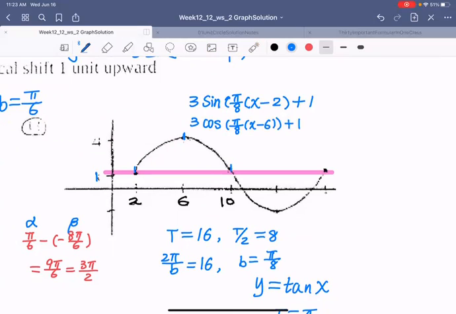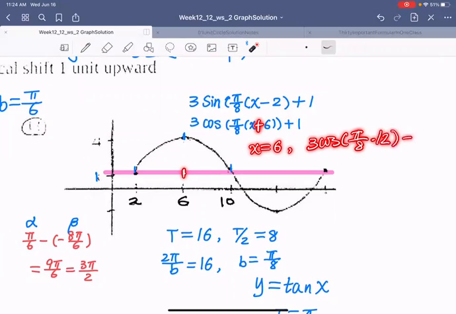If you want to change here to be plus 6, then you can see here, when x is 6, that is 3 times cosine of pi over 8 times 6 plus 6, which is 12. And then this 8 and 12 can be canceled to be 3 over 2, right?